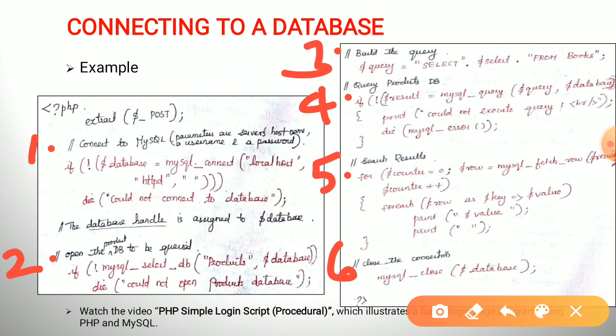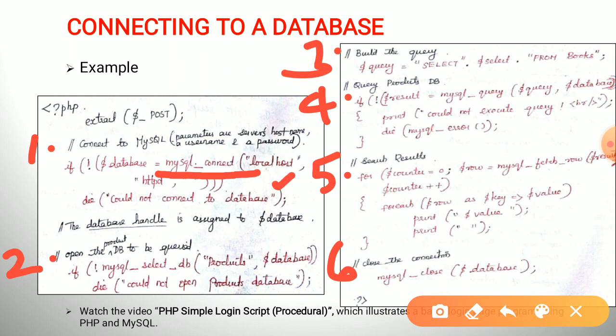So first step is connect to the MySQL database. From our PHP we have to make a connection to the MySQL database. This can be done using the command mysql_connect. That is the method used in PHP to connect to a MySQL database. Its parameters are the server's host name, username and password. If the server is installed in our local system itself, we can give the server name as localhost.